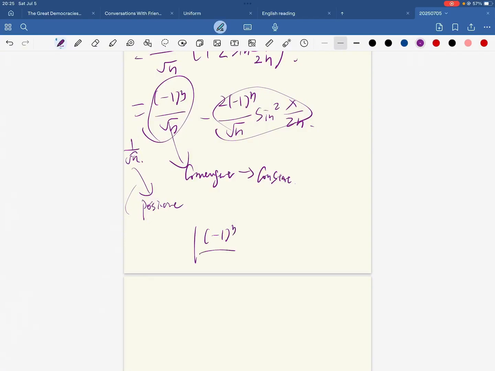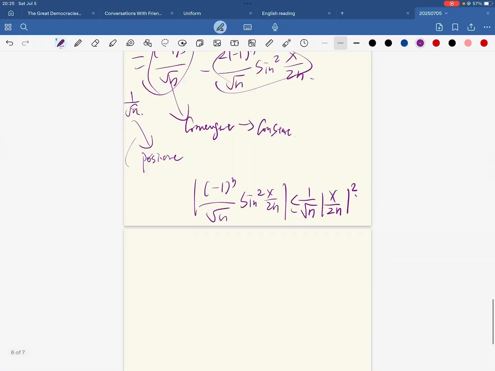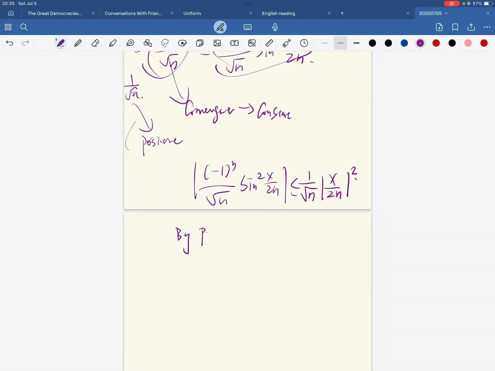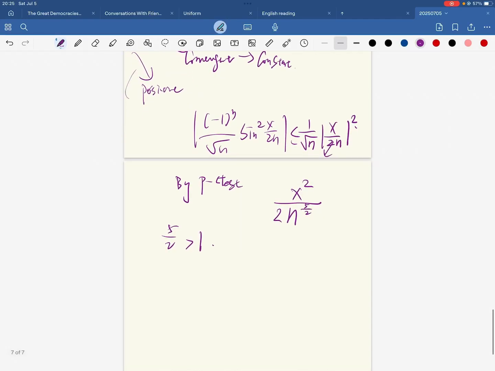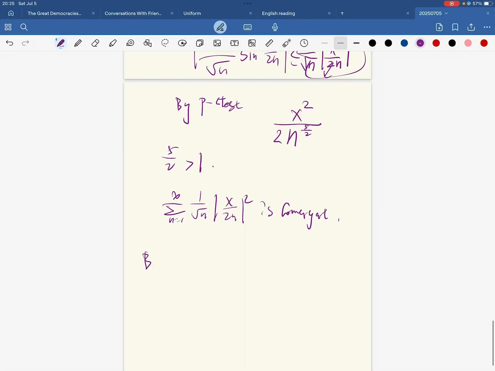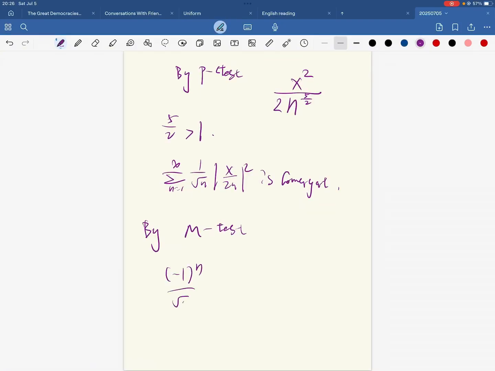We know that by the p-test, this is convergent, and so by the Weierstrass M-test for series, it converges uniformly.